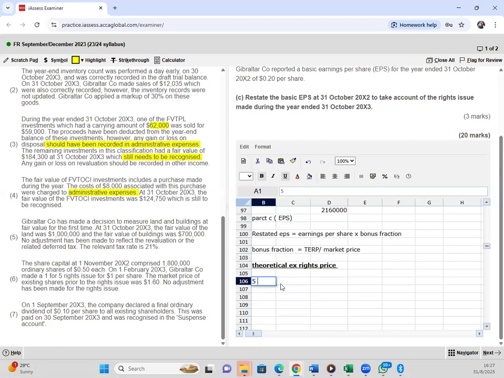It means if you had 5 shares, which you bought at the normal price of $60, you'll be given 1 more share at the rights issue price. So in total, you'll be having 6 shares, and you would have bought them at a total price of 9.